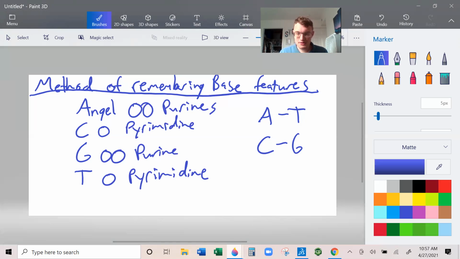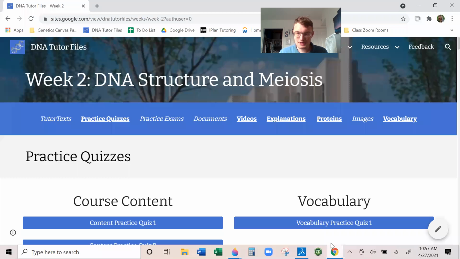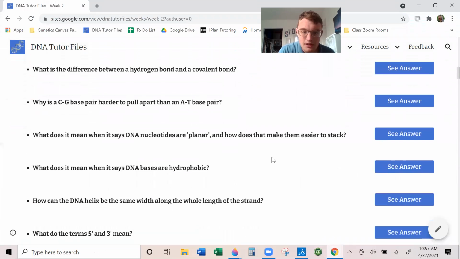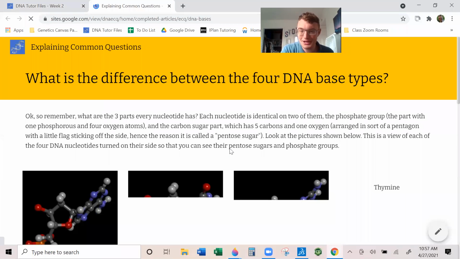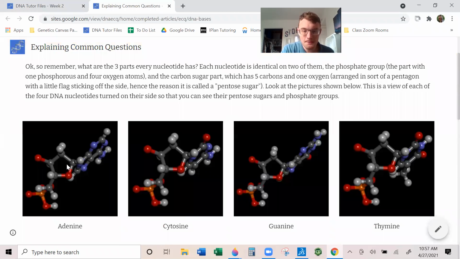Now, let me actually pull up a picture here, just to make a point. Notice, so here are pictures of the four DNA bases in my little molecular model.